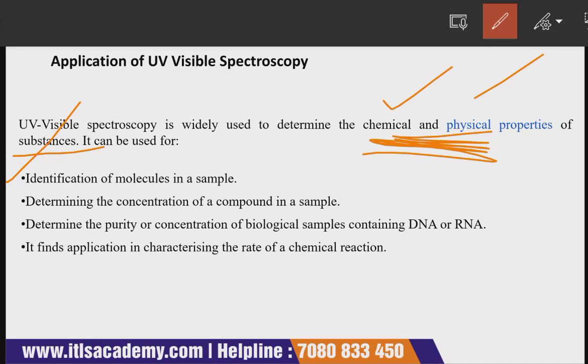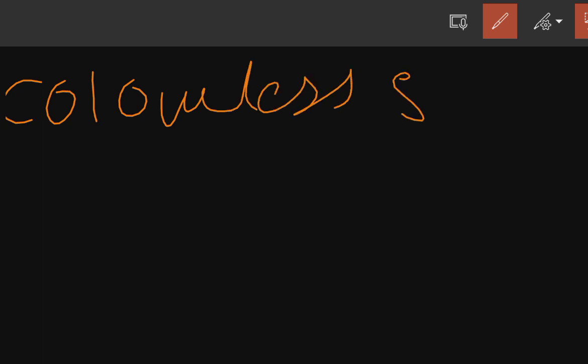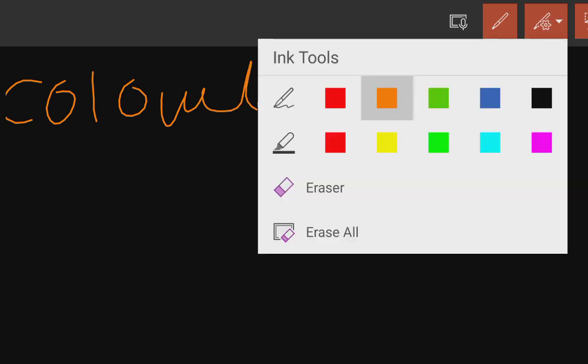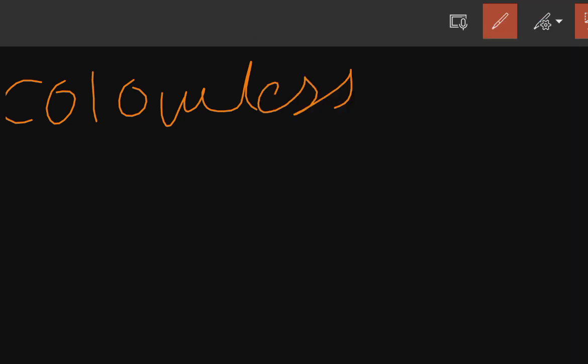One very important application, you can note it down here: because of UV visible spectrometry, it is a very useful technique whenever you want to estimate colorless substances. What are the colorless substances?